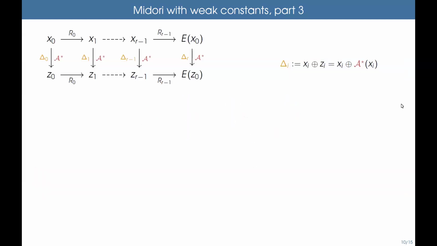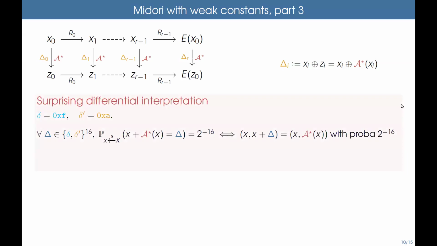So for instance, instead of studying our pair, which was x and A of x, we can study the difference between x and A of x and track it throughout the rounds. So we can just study the distribution of these functions.